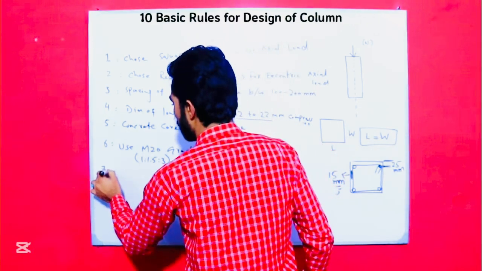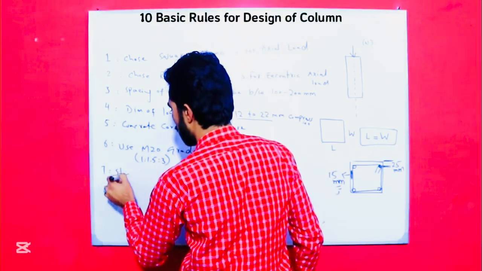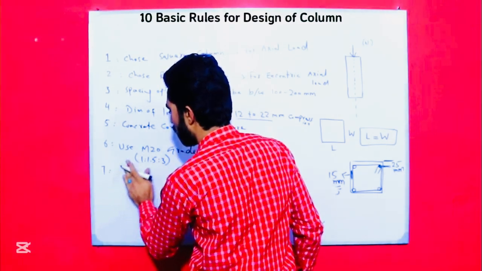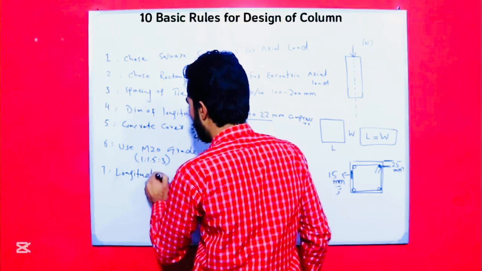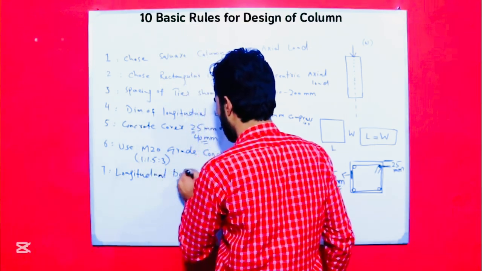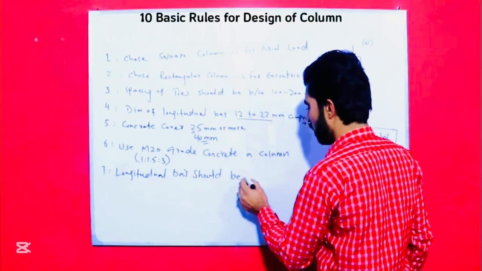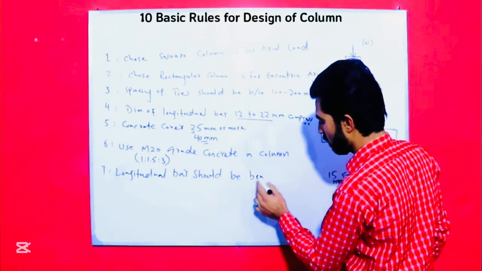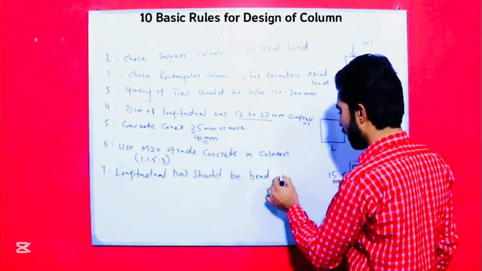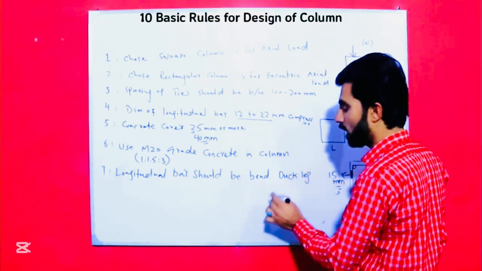Guys, the seventh one is the longitudinal bar should be bent like a duck leg at the bottom.